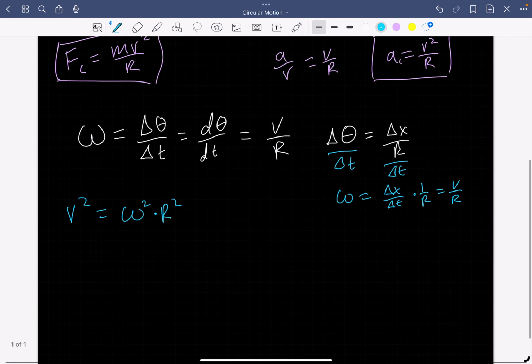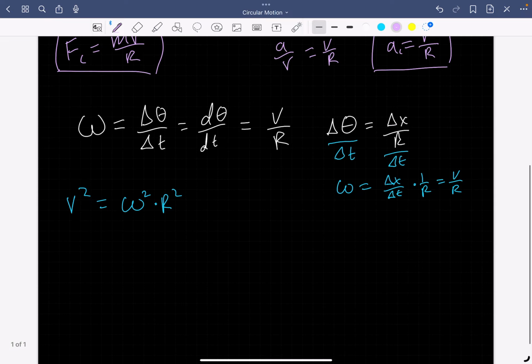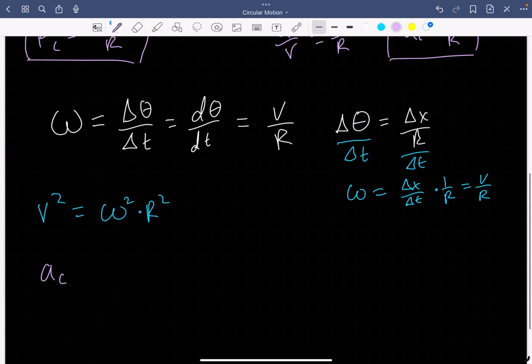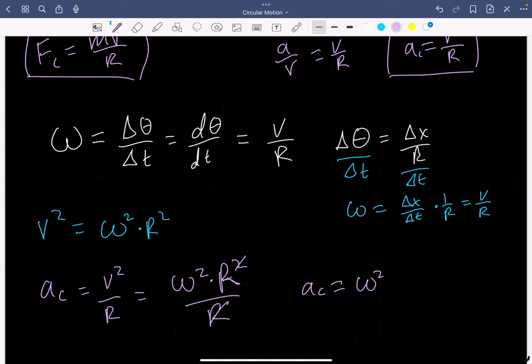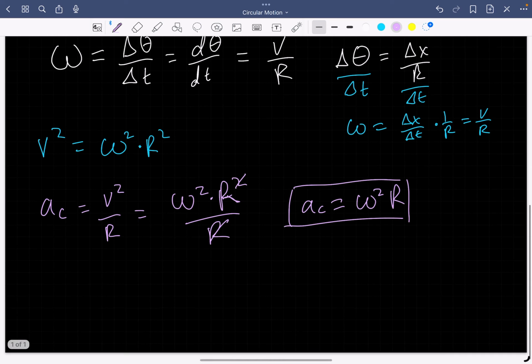So if we substitute that in, we get that centripetal acceleration, which is equal to v squared over r, is equal to omega squared times r squared over r. And then one of these r's cancels. And so centripetal acceleration is also equal to omega squared times r, the angular velocity squared times the radius.